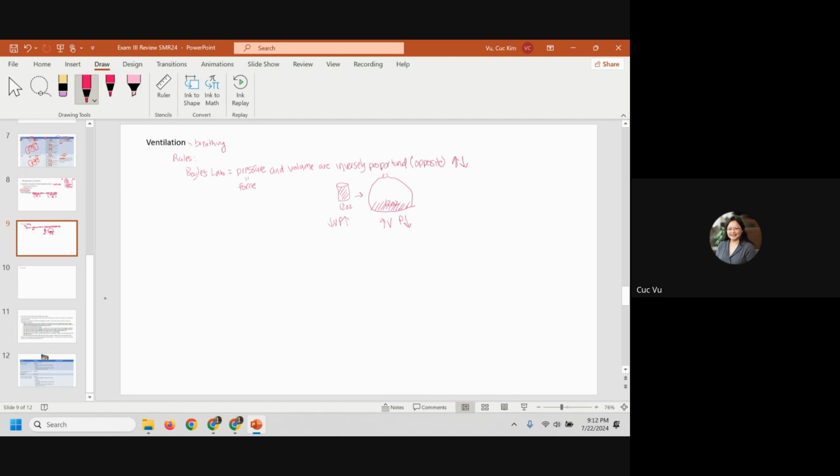Well, pressure is formed by force. So the molecules in here, when they bump into each other, that creates the pressure, the force. So if I increase the space, then the likelihood of these molecules bumping into each other is less. That's why when volume goes up, pressure goes down.